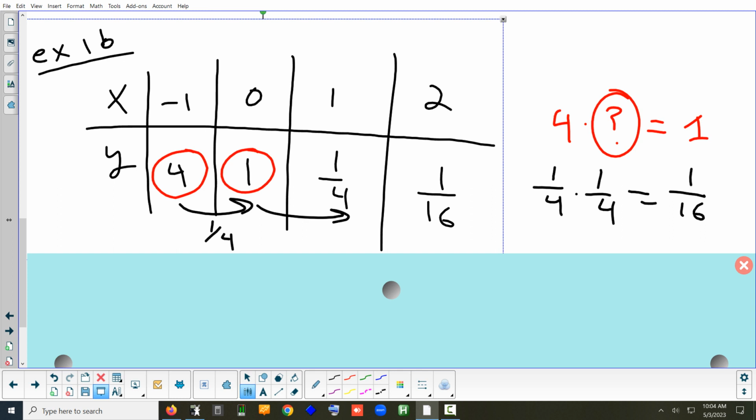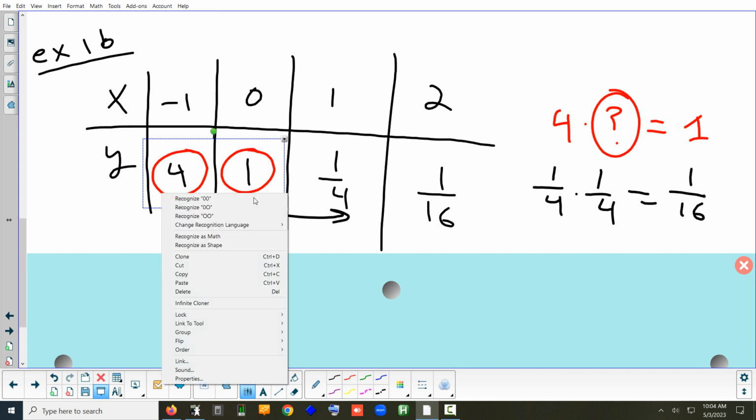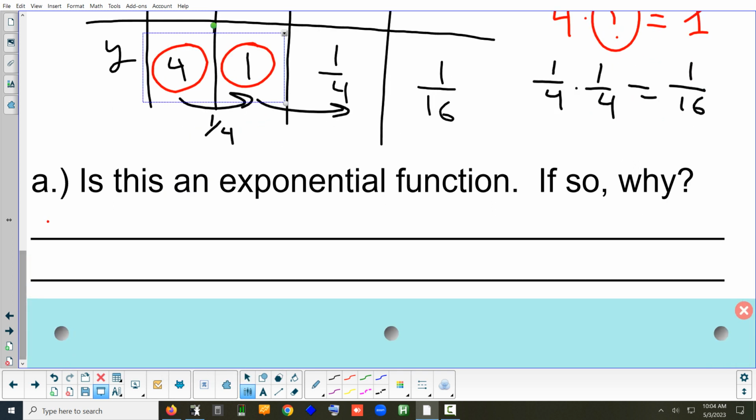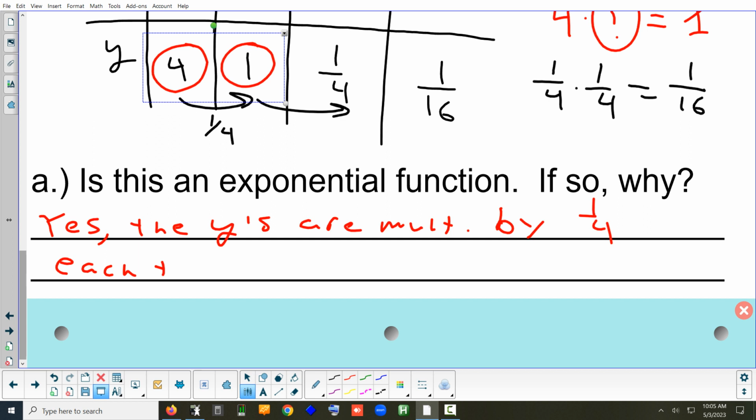So in this case, 1 divided by 4 is 1/4. And that's the b value. Okay, so is this an exponential function? Yes. The y's are multiplied by 1/4 each time.